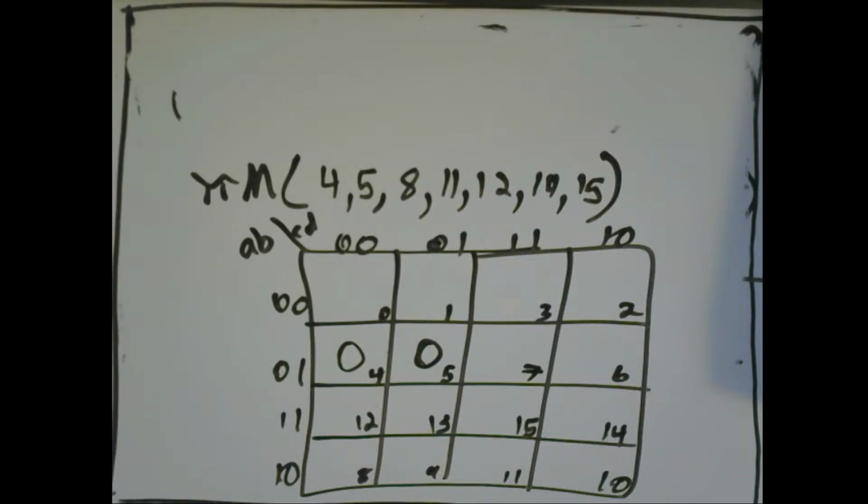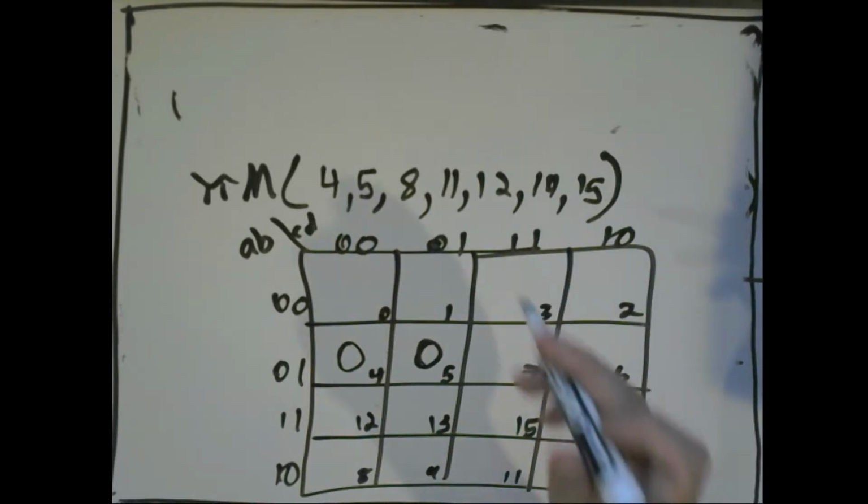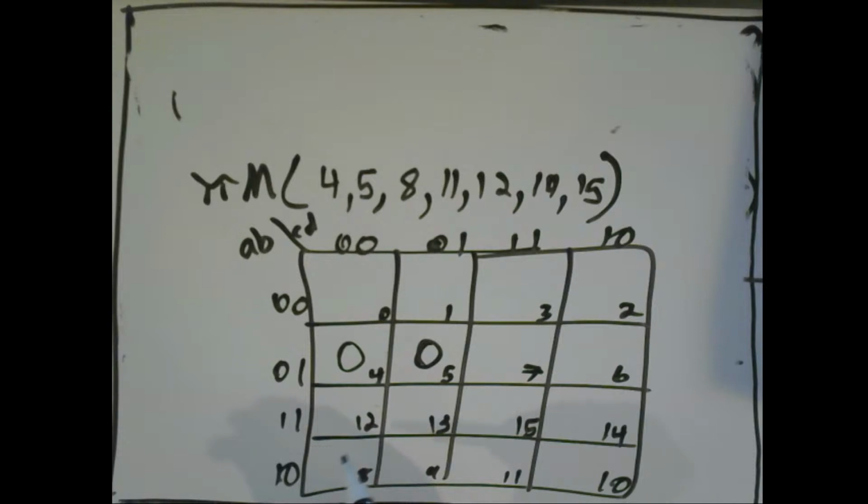I think it might be an equation here. Okay. So I had 8 is this one, 11 is this one, 12 is this one, 14 this one, and 15 is this one.